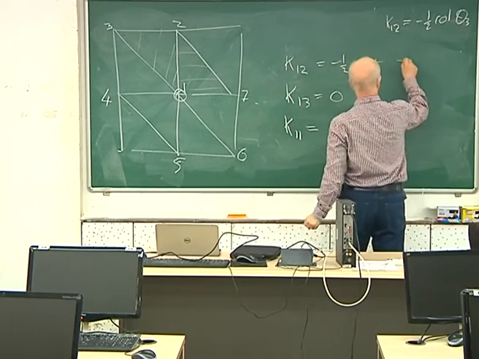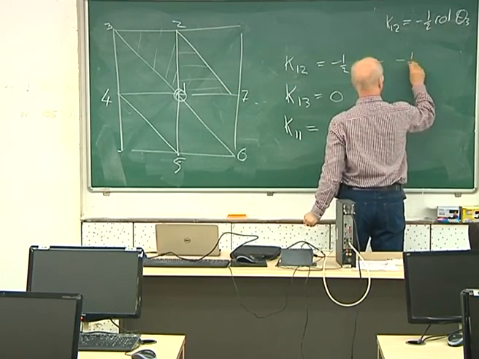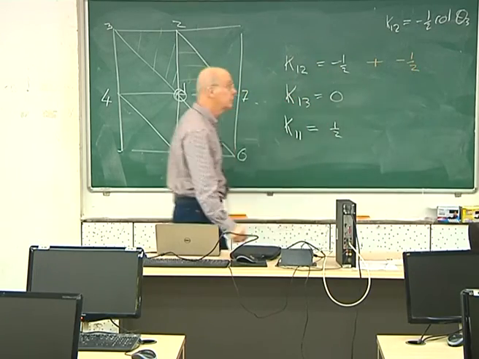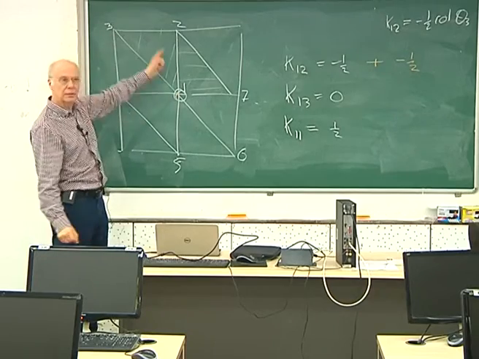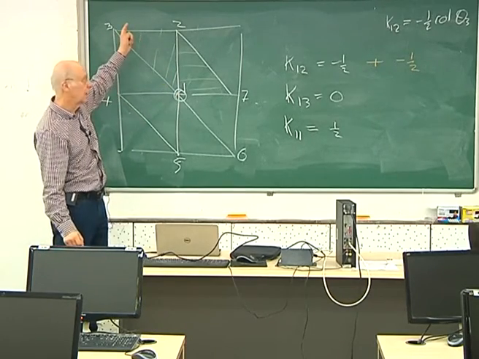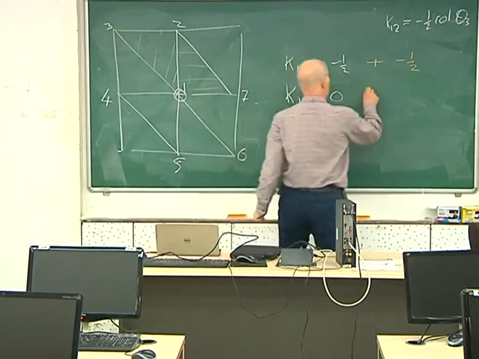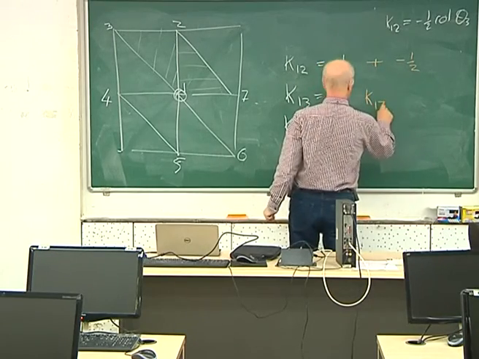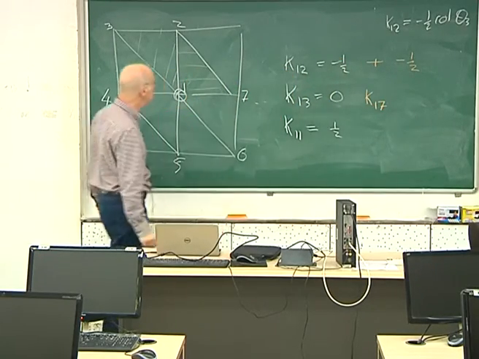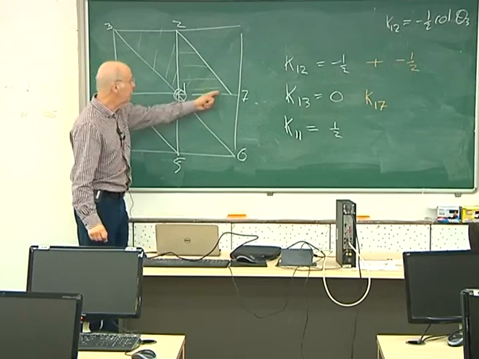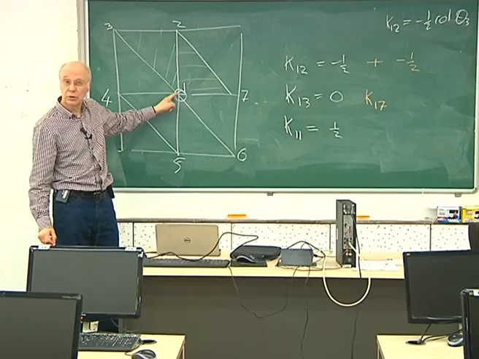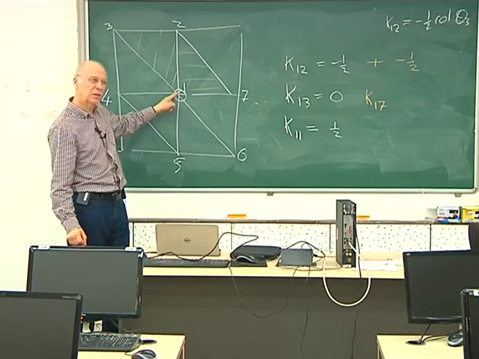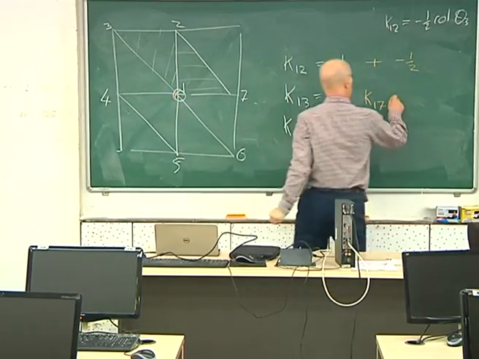So we get a contribution of -1/2. K13, there's nothing to come in. So we actually have to have a new line because we've got a new point. K17 involves the angle opposite, which is 90 degrees, which the cotangent is 1. So this is -1.